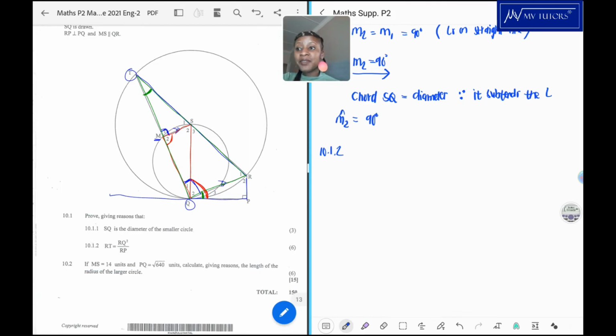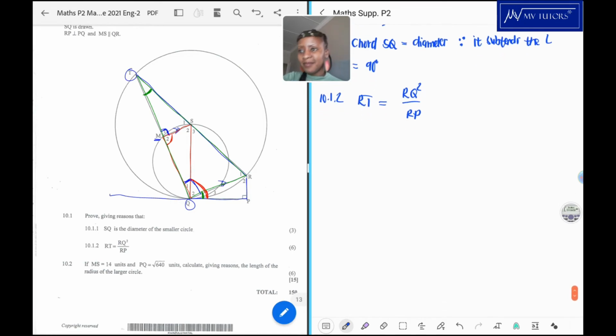Now, prove giving reasons that RT is equal to RQ squared over RP. How are we going to do that?